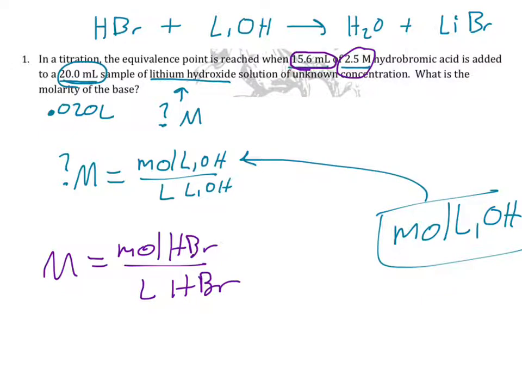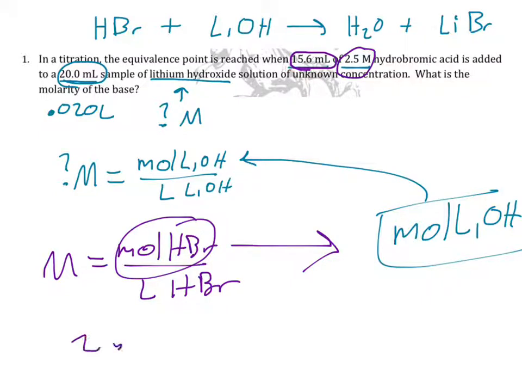And actually, I mean take the molarity multiplied by the liters. And once we plug these values into this equation here, we can then solve for moles, and once we know moles of hydrobromic acid, we can convert it to moles of lithium hydroxide. So let's go ahead and do that.